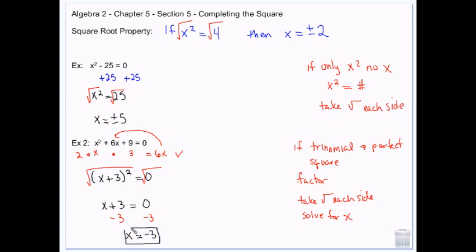Can you do the factoring part again? Yeah. To check to see if it's a perfect square trinomial, what we do is we take the square root of this term and the square root of this term. Square root of 9 is 3. Square root of x squared is x. And then you multiply all that together times 2. So 2 times x times 3 is 6x. And it should match this middle term.